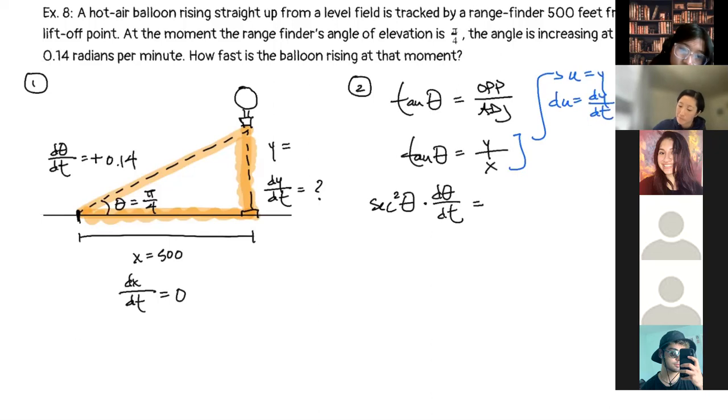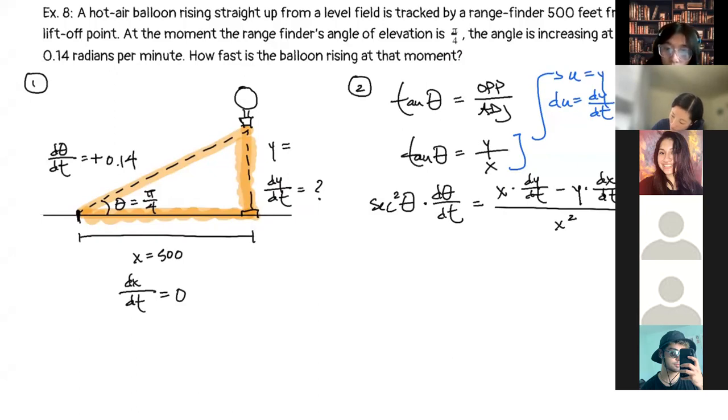I'm going to plug those into the quotient rule. So x times dy dt minus y times dx dt, all over x squared. All right, let's see what we get.